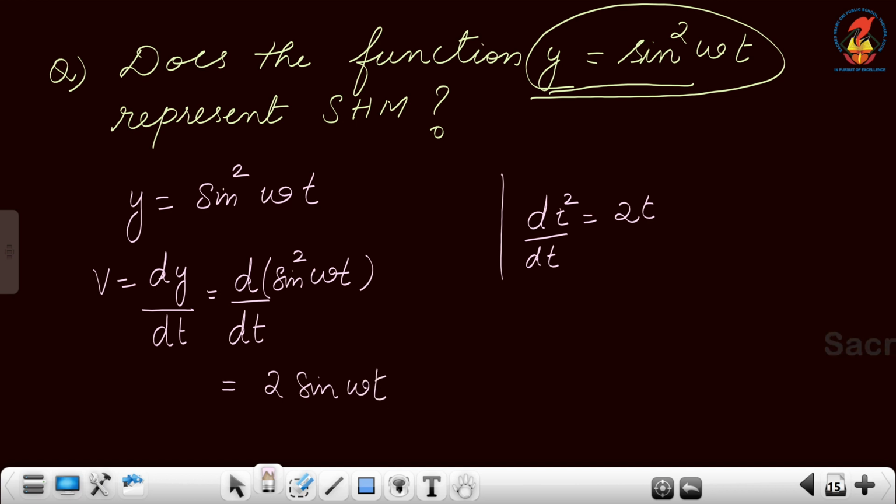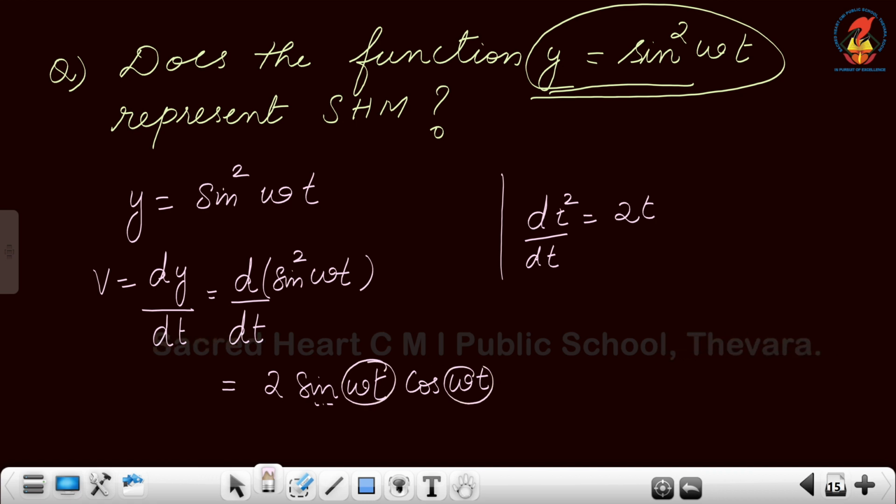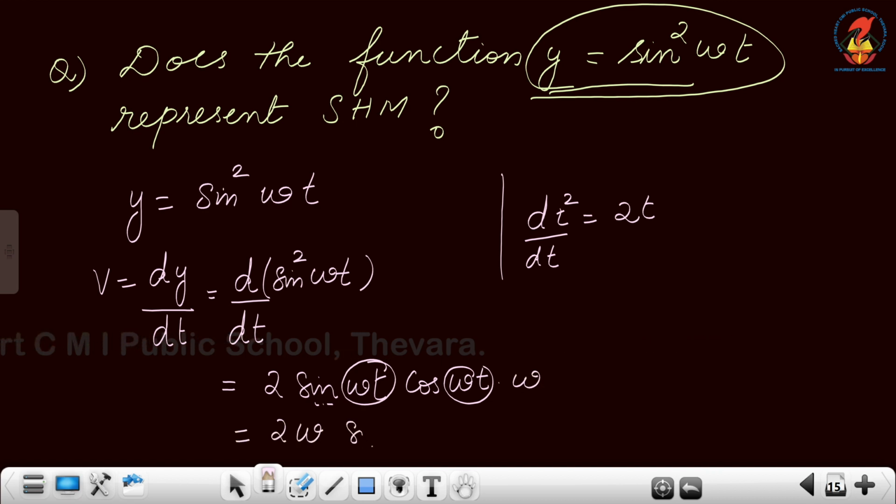What is the next step? Next we have to differentiate sine omega t, and the differential of sine omega t is cos omega t, and the differential of omega t is what? Omega. So, we will get this as 2 omega sine omega t cos omega t.